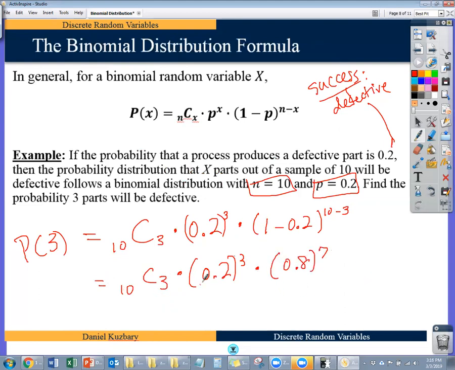So you can kind of see in this formula what we're doing. If we have your 10 things, this is saying that 3 of them are defective with probability 0.2. That means the other 7 are not defective with probability 0.8. And this is all the different ways you can pull out a group of 3 parts from 10 total.